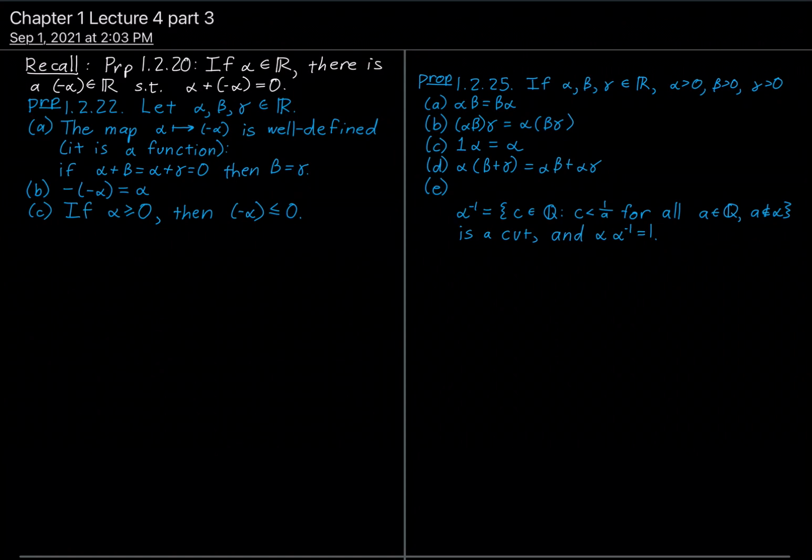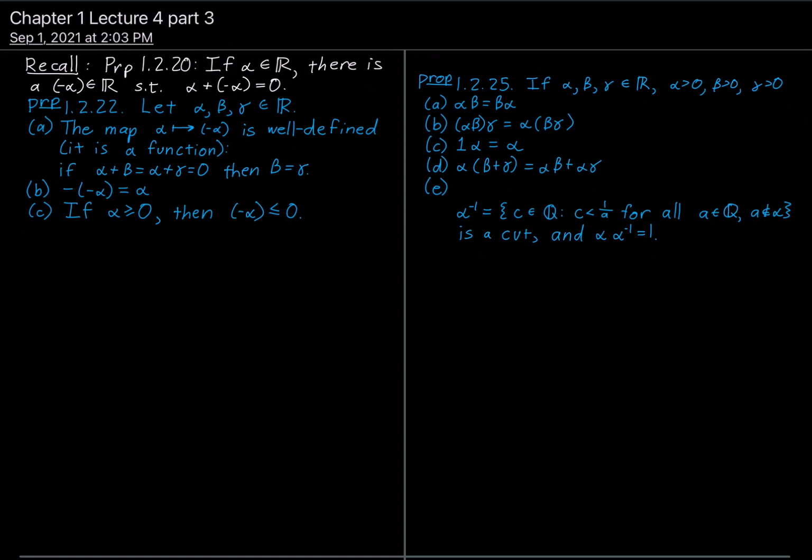And it's a simple consequence of part A and part B that if minus alpha is minus beta, then alpha is beta. And it's also pretty straightforward to show that minus 0 is 0.